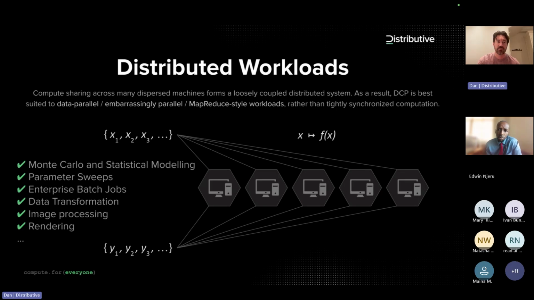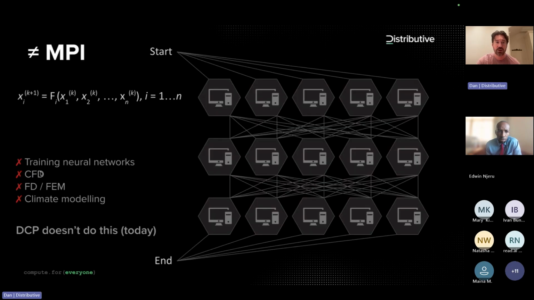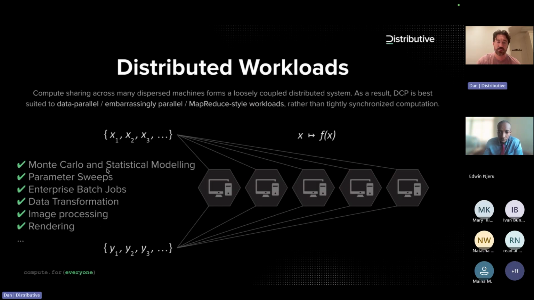But in a nutshell, for data analytics, depending on what it is, the only thing that we don't do right now is training neural networks. We can train certain types of algorithms as long as they're distributable, basically, as long as they don't require MPI, again, random forest, bagging, linear regression, etc. So as long as it's not computational fluid dynamics, finite element analysis, or training neural networks, it can be distributed.